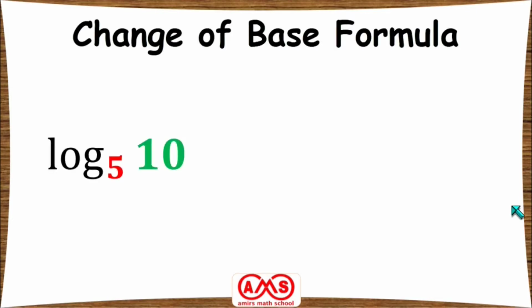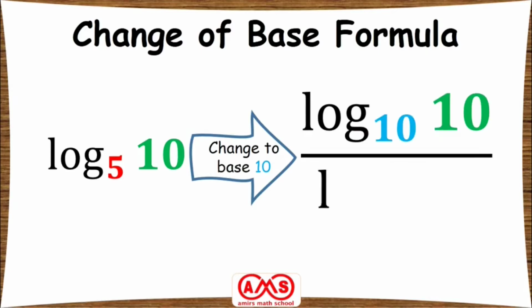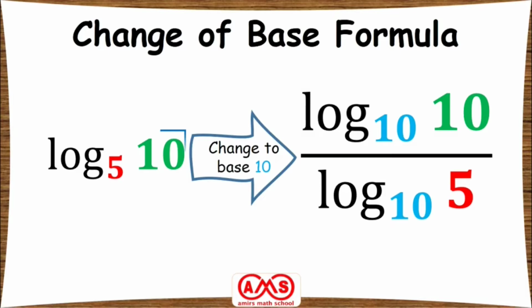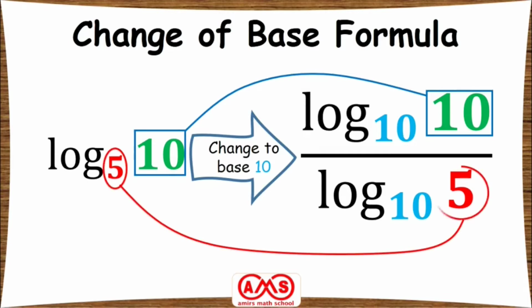That is log 5 base 10. We want to change this log 5 base 10 to a new base, that is, change the base to 10. In this case, according to the formula, we write log 10 base 10 divided by log 10 base 5. In this formula, we write 10 here and this 5, that is the old base of the logarithm, we write here.